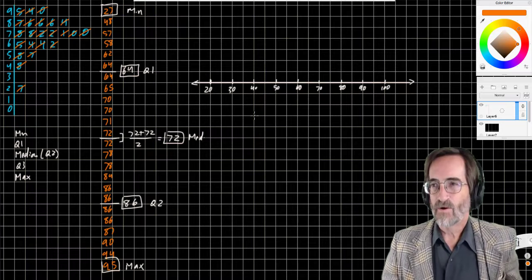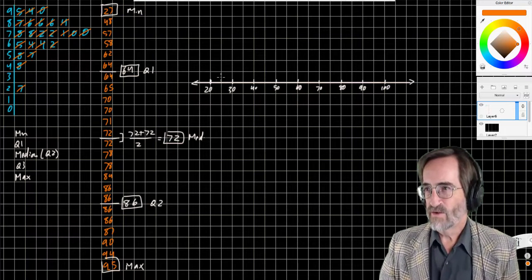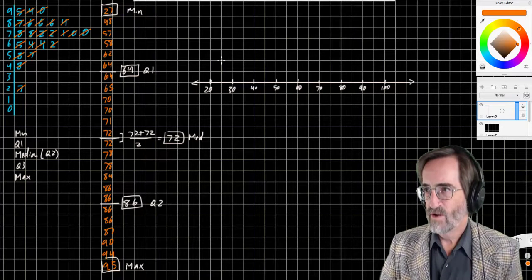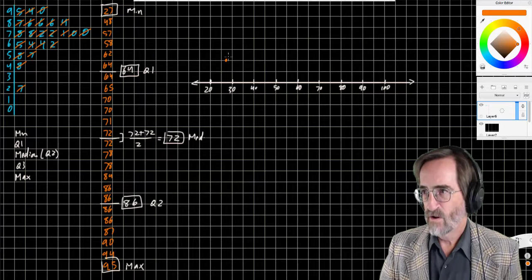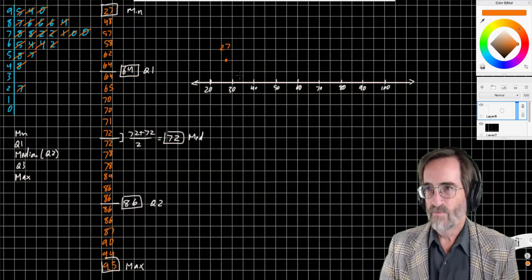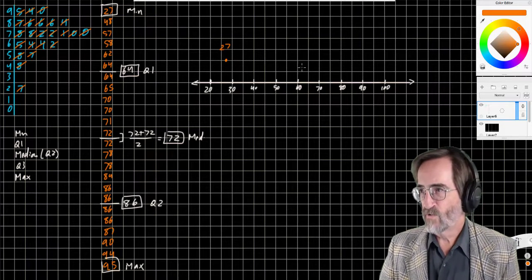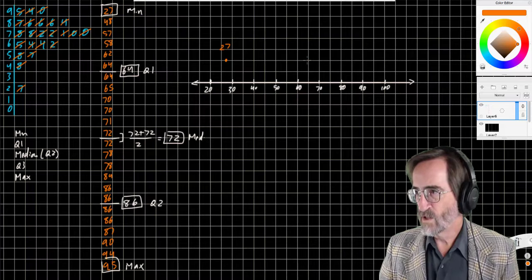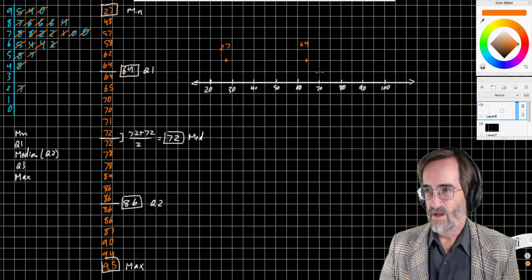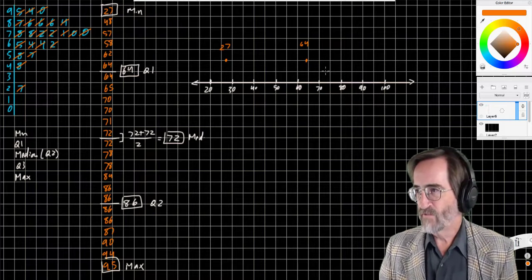Okay, so here we go. Minimum 27, so here's 25. So 27 is right here. I'm going to label these 27. First quartile 64. 64 is a little less than 65. Now, second quartile or median, 72.